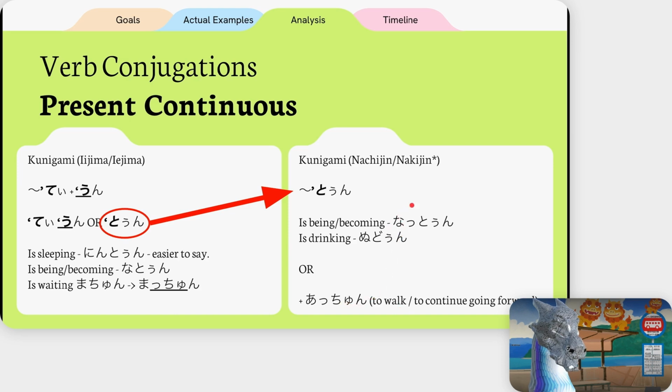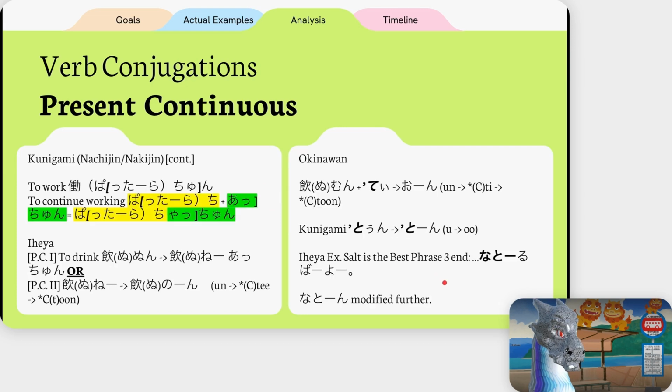So this is just a Kunigami thing, not to be used in Okinawan. If you say this in Okinawan, it literally just means to continue to walk, to continue going forward.